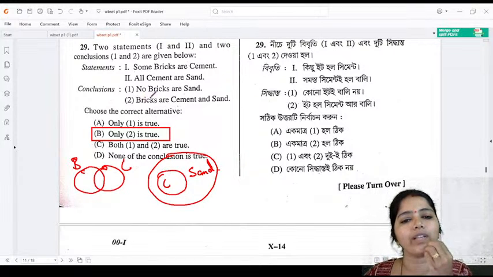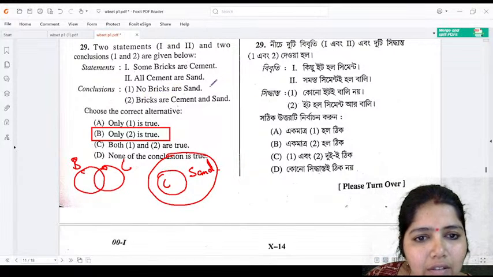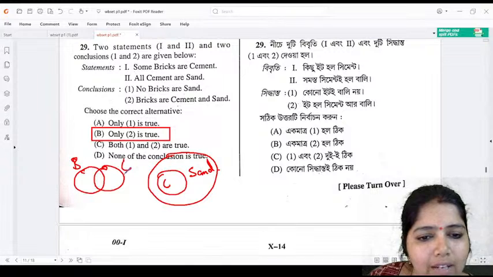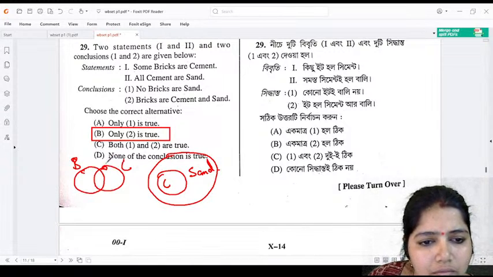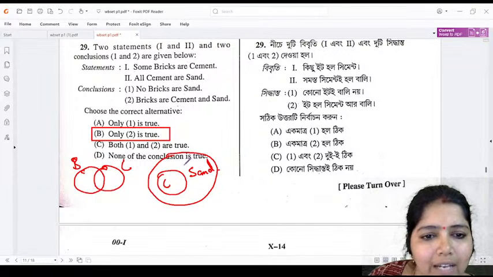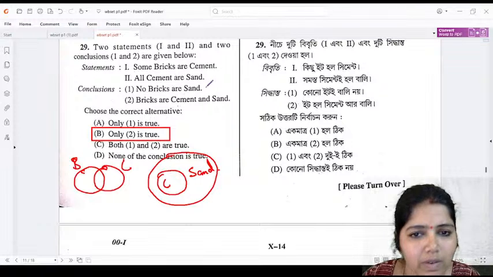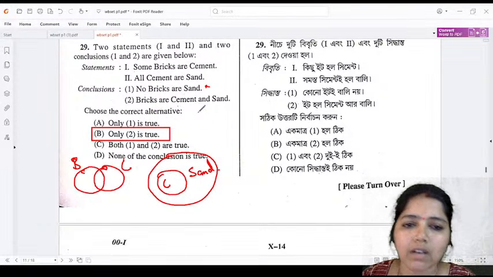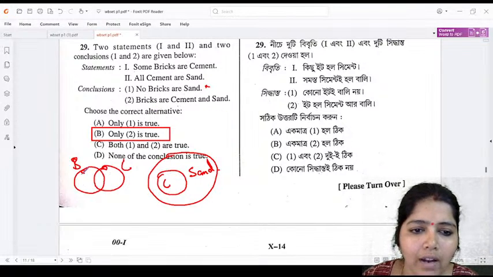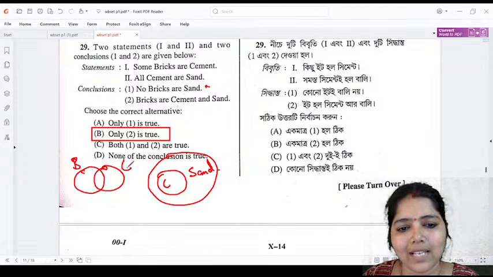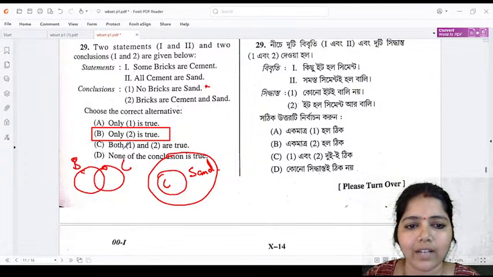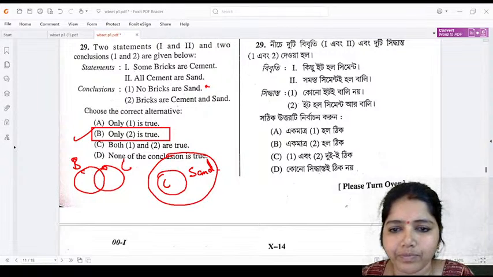What they have given: no bricks or sand, there is no relation, right? That will not come. There may be an option, so this will not be the right answer. Bricks are cement and sand. Yes, that comes inside the sand, right? So option 2 will be the answer.